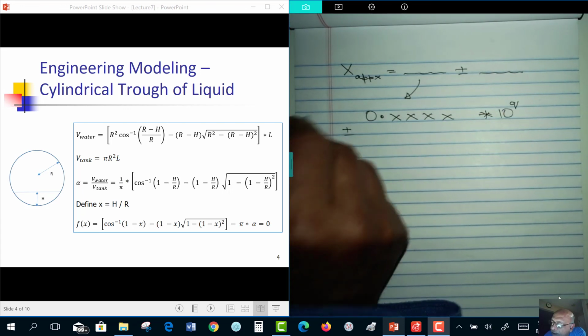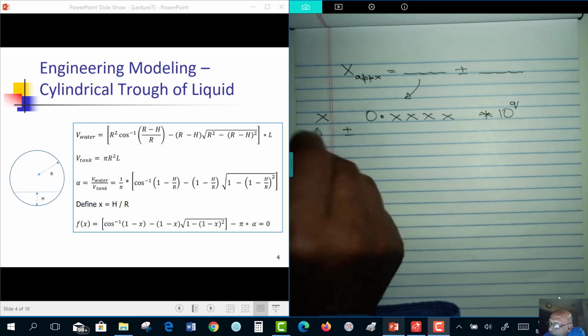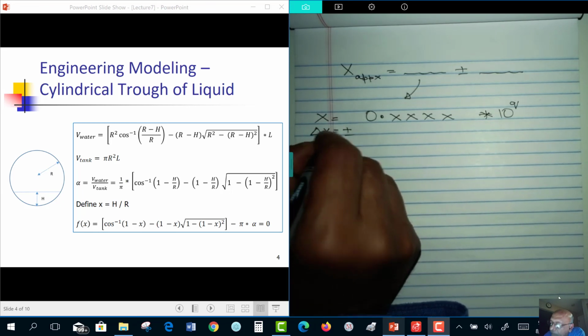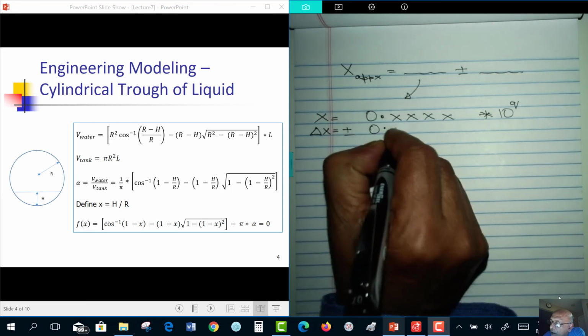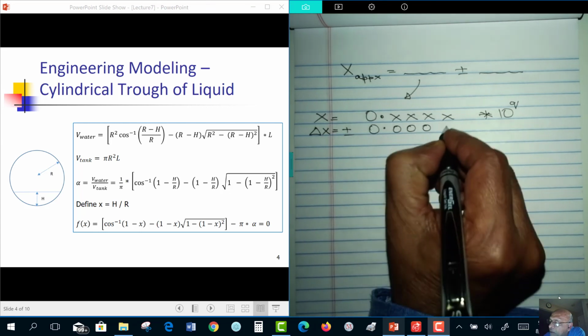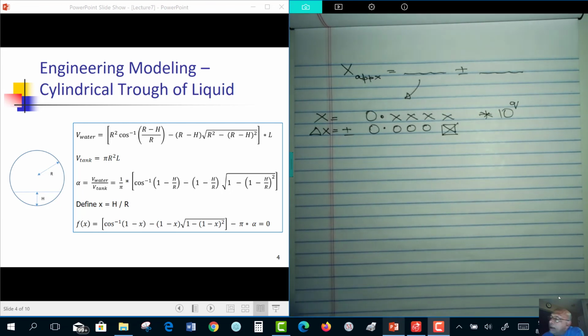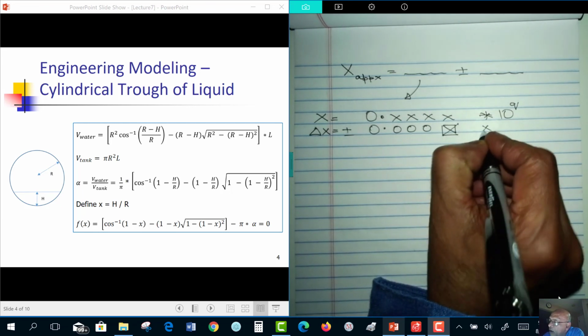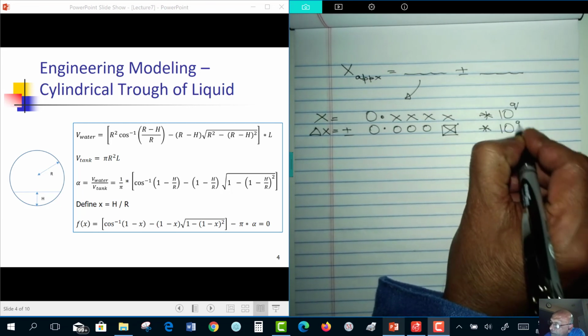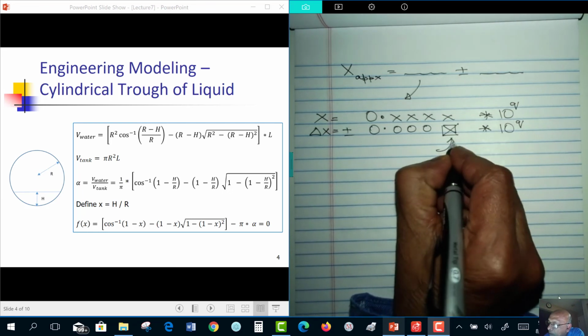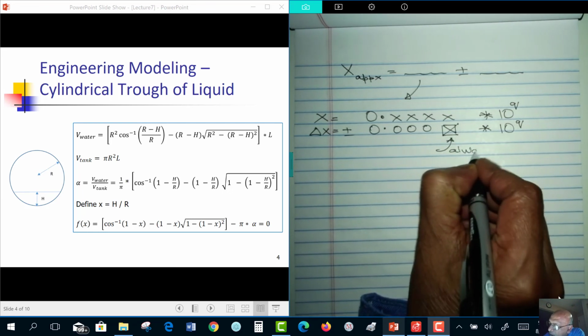So if this is your x and this is your delta x, that would mean that this digit needs to be always rounded up. That's what we did in lab 2. So we always round this up.